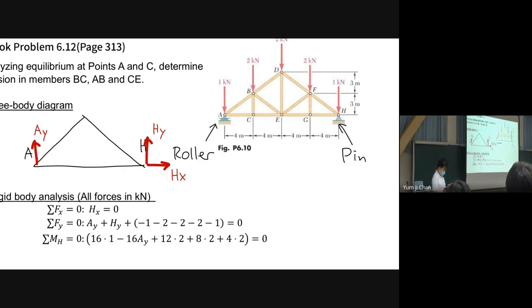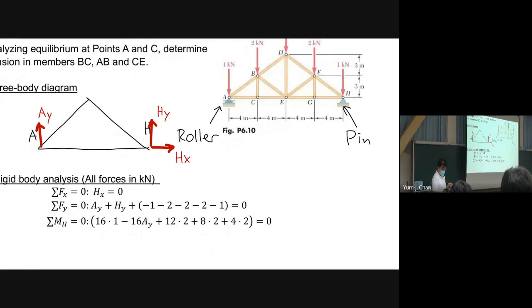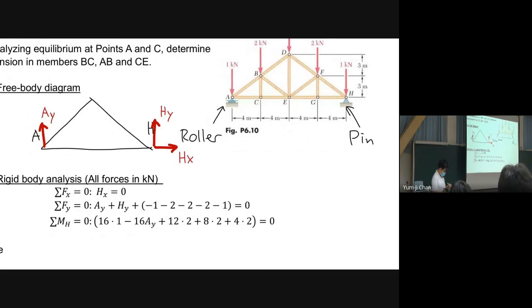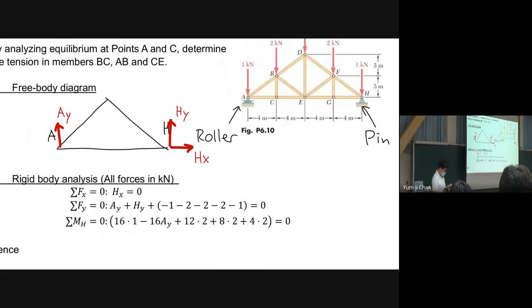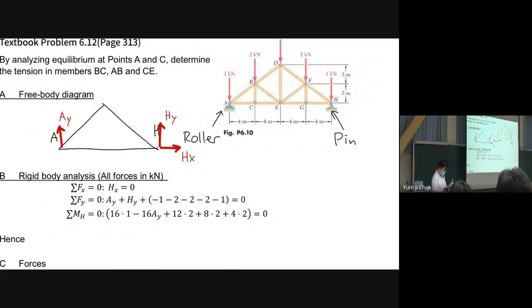From here we get these three equations, and we have these results: HX equals 0, AY is 4 kilonewton upwards, and HY is 4 kilonewton upwards.